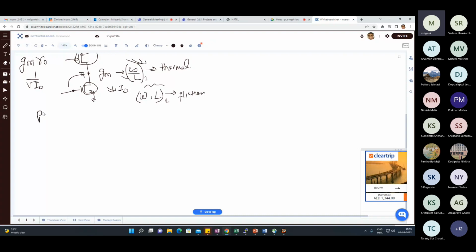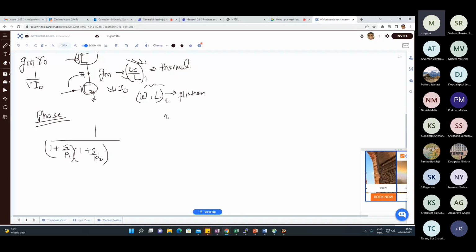So phase response, it is also simple. Once we know how the magnitude response is working, the phase response also uses the same argument. If I look at 1 upon S plus P1 and 1 upon S plus P2, two-pole systems, if it were a non-inverting amplifier, it would start at 0 degrees.